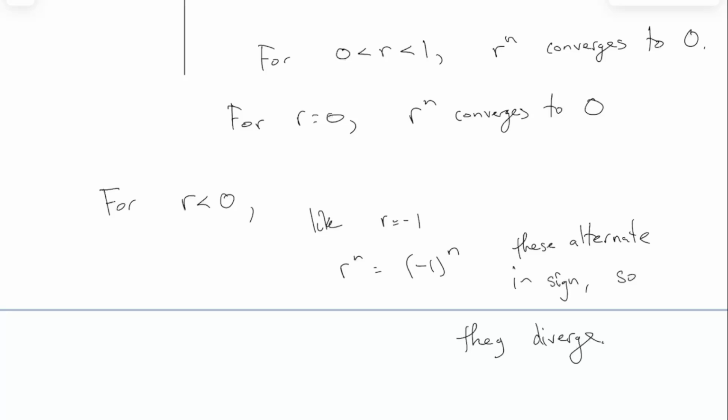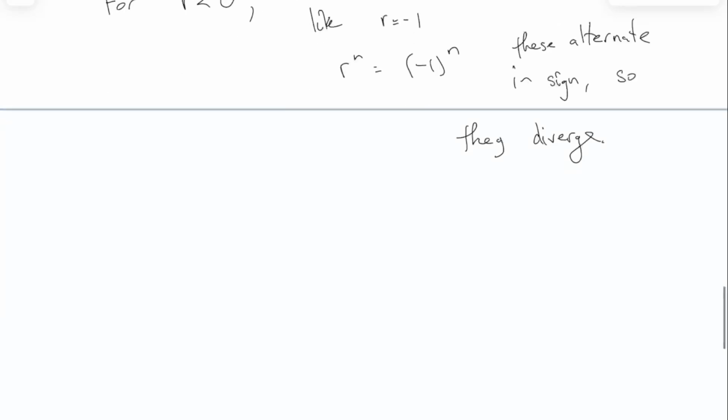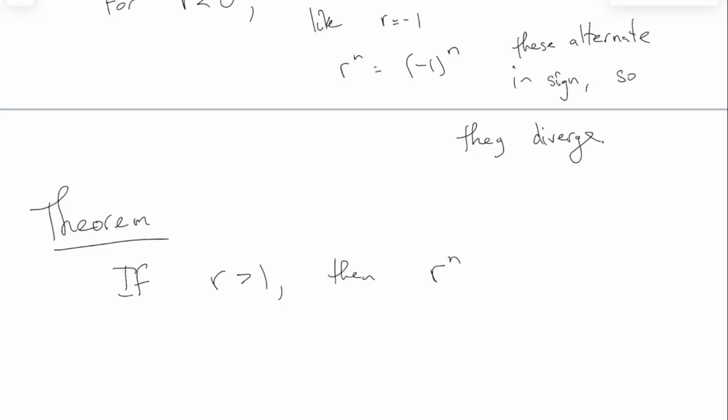I'm going to try to summarize here, and maybe I'll write this as a theorem. We're not going to write out a detailed proof. It's all based on what I said up there anyway. So the theorem says if r is greater than 1, then r to the n diverges. If r equals 1, r to the n converges to 1.